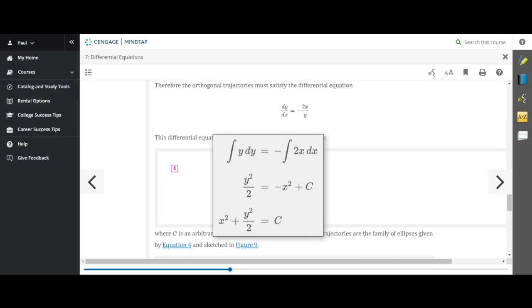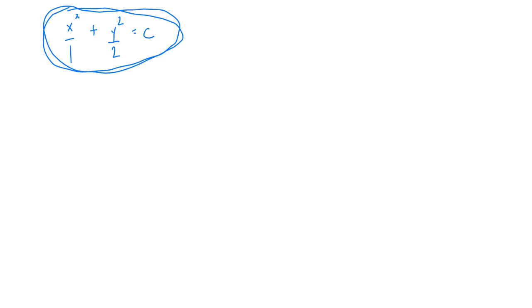Let me put it another way. You have x squared plus y squared over 2 equals a constant. Now, if you don't mind, I'll put a 1 underneath the x squared. This is a family of what? What do those curves look like?